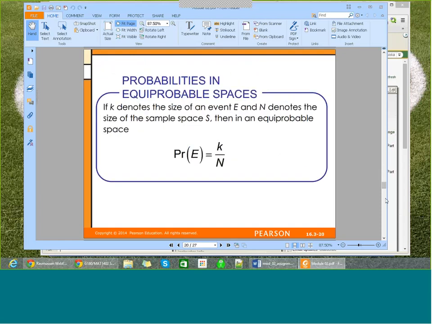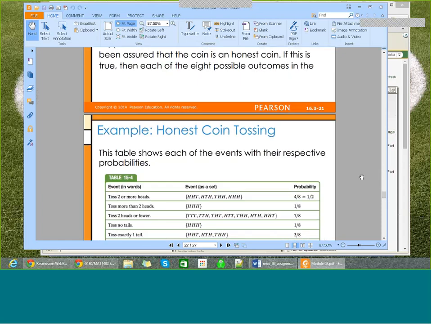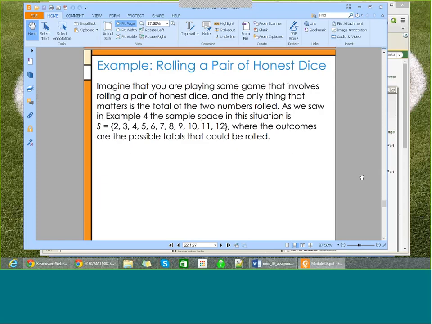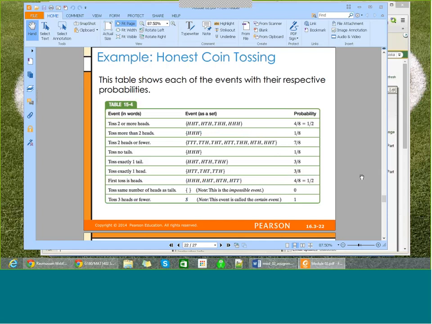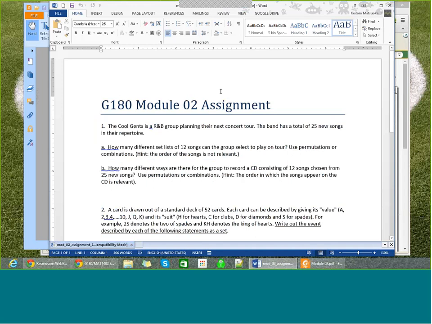So I'll have you read the rest. And I'm going to come back to this slide by showing you the assignment. So this question 1 comes from assignment 1. I covered this last week, so you should take a look at last week's slides.